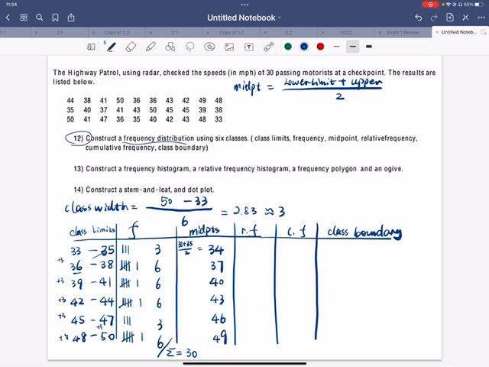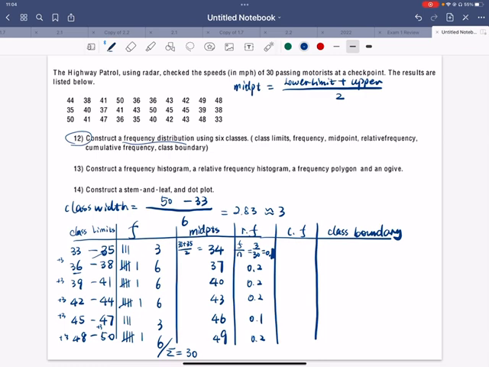For relative frequency, we use frequency over the total frequency. So in our case, 3 over 30 is 0.1, and 6 over 30 is 0.2, 0.2, 0.2, 0.1, 0.2.